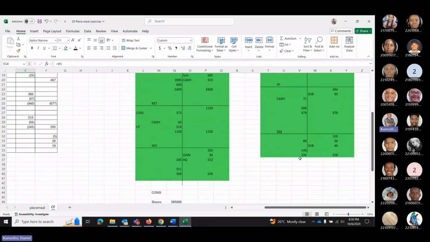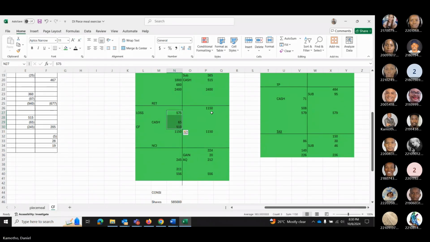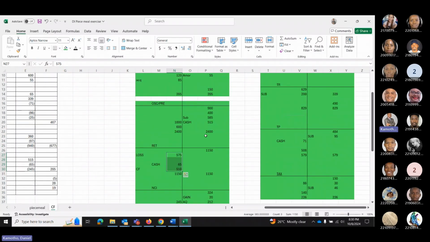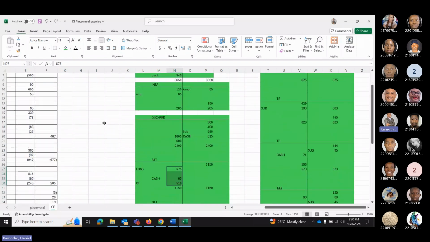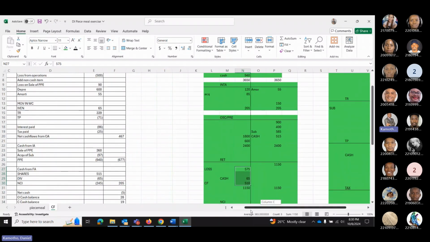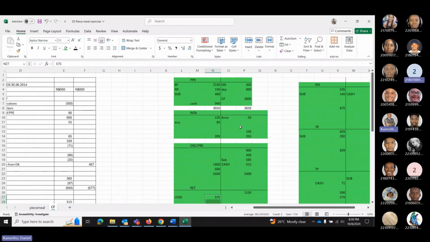Tax is fine. 226 is okay. Here is fine. 556 is okay. This is 1150. Ordinary share capital 515. Unless we typed something wrong somewhere, I think we look fine. Trade payable is 71. Anything we may have typed wrongly?